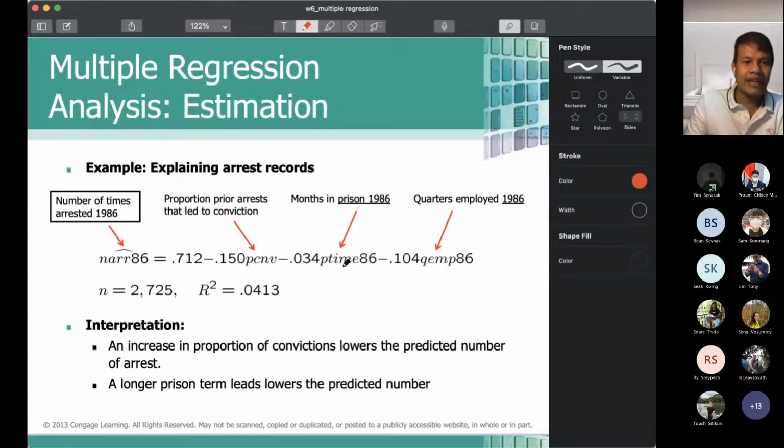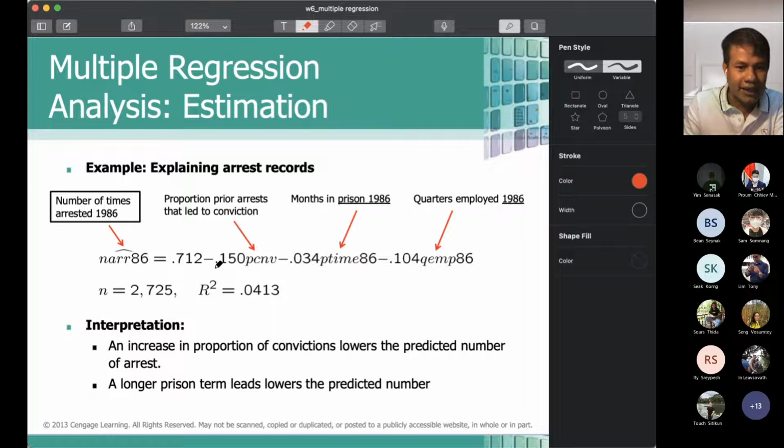All right. Here, if you look at this example, we have number of times arrested in 1986. Sorry, the example explaining the arrest record. So number of times arrested in 1986, proportion of prior arrests that led to convictions, months in prison, quarters employed. All right.